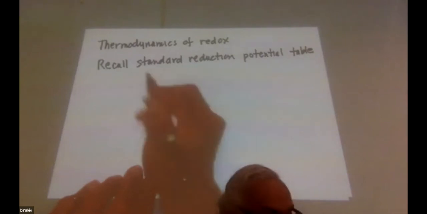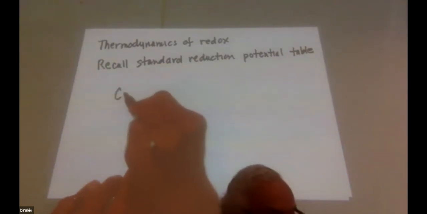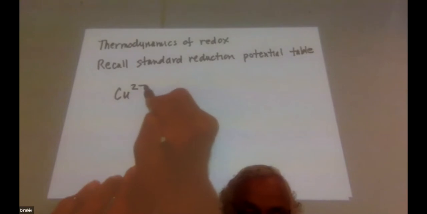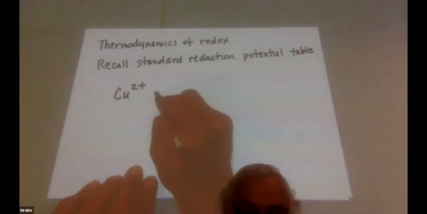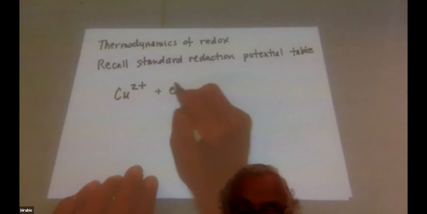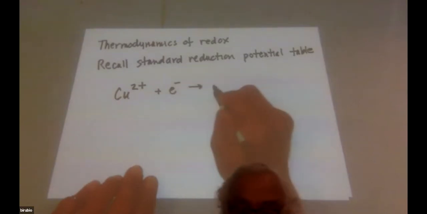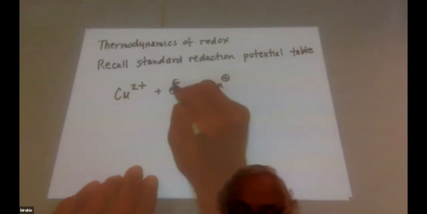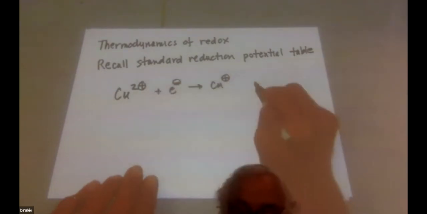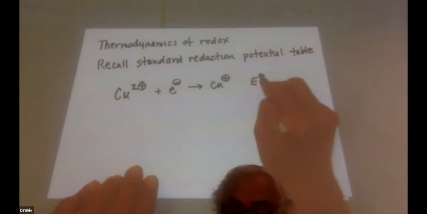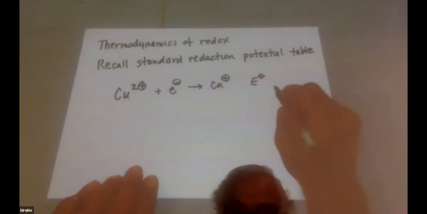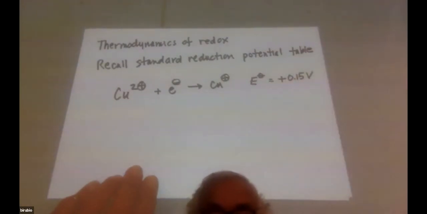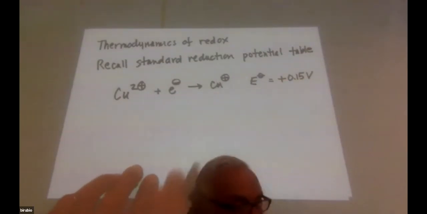I looked up that standard reduction potential, and I see copper 2+ plus an electron going to copper 1+. And the standard reduction potential, E0, for this is positive 0.15 volt. So am I jogging your memory? Are you remembering stuff that looks like this?